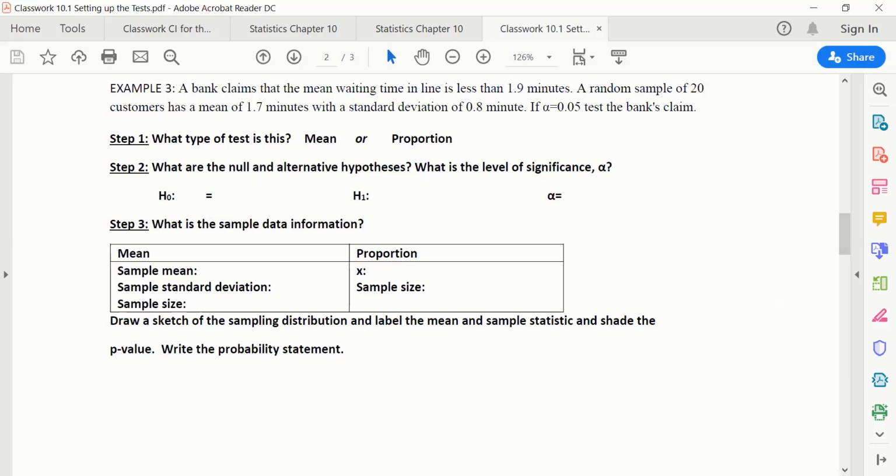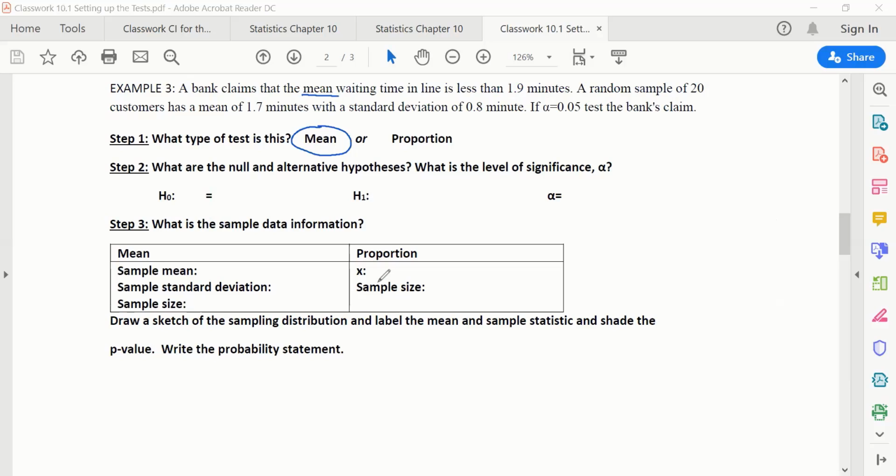A bank claims that the mean waiting time in line is less than 1.9 minutes. A random sample of 20 customers has a mean of 1.7 minutes with a standard deviation of 0.8 minute. If alpha is 0.05, test the bank's claim. So what type of test is this? We have a mean because it says mean.